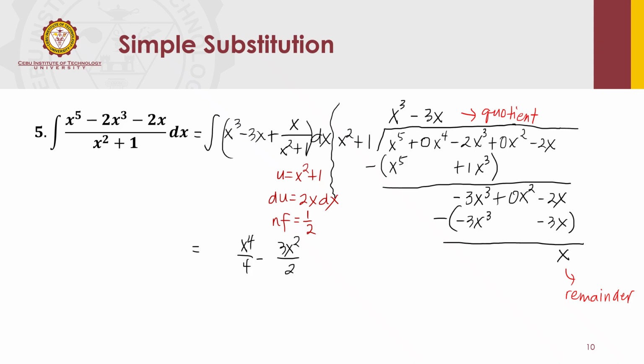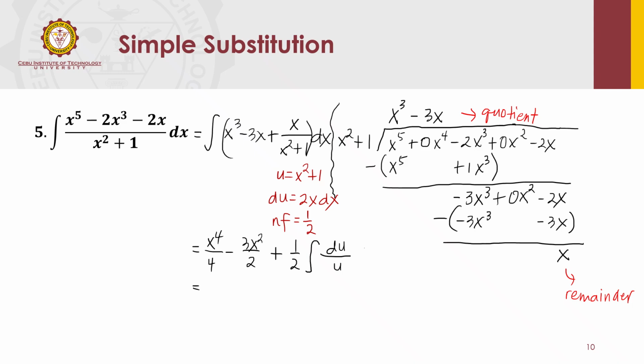So the first two terms should not be multiplied by 1/2; it should be x to the power of 4 over 4 minus 3x squared over 2. And then for the third term, we put the 1/2 here. So the remaining integrand, the one with the 2x dx, is your du, and x squared plus 1 is your u, so it's du over u.